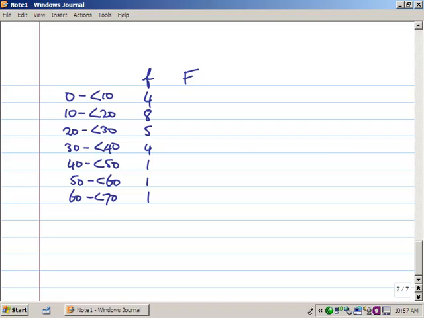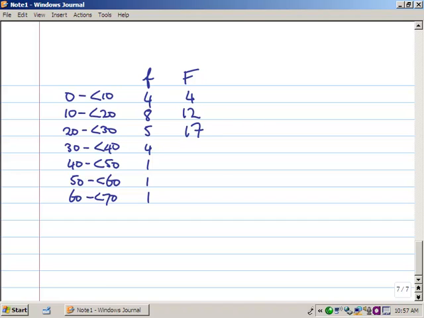Alright, so how many items are there in the dataset less than or equal to 10? Well, there are 4. How many items are there in the dataset less than 20? Well, those are the 8 in this class plus the 4 in the original. So that's 12. How many items are there in the dataset below 30? Well, you add up 4, 8, and 5, or 5 and 12 is 17.